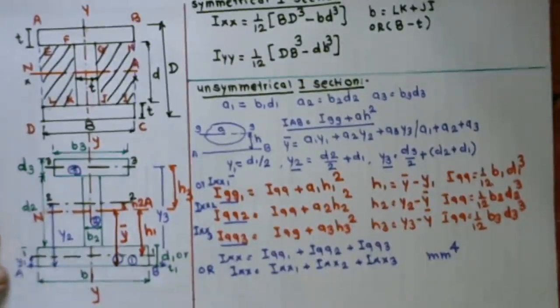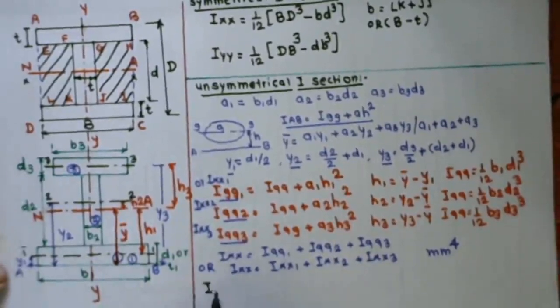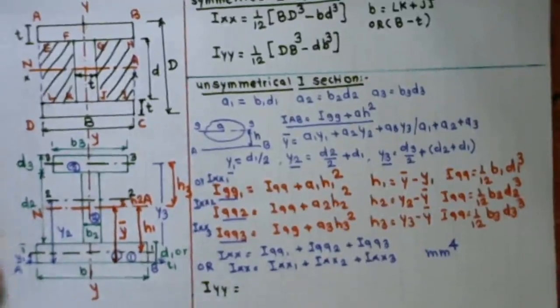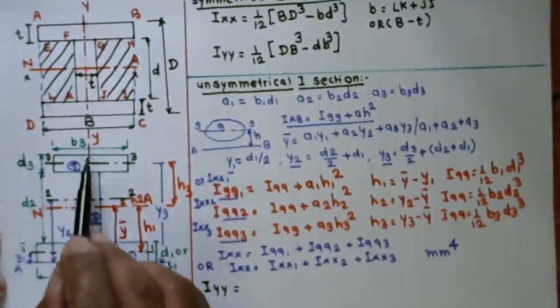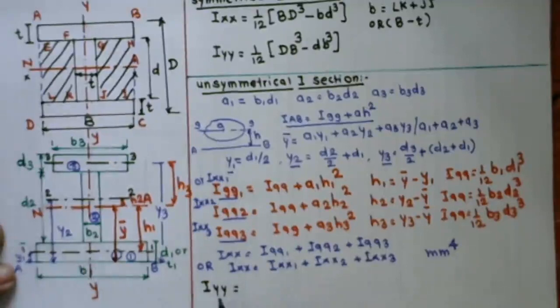Second important thing: after that you have to calculate the moment of inertia about the y axis. If we observe this figure, it is symmetrical about the y axis, and when the figure is symmetrical about the y axis, we can calculate Iyy directly.